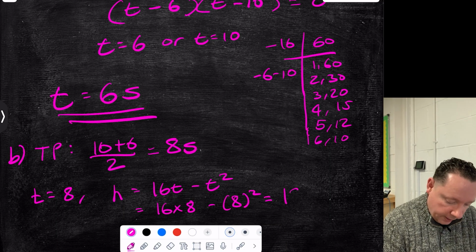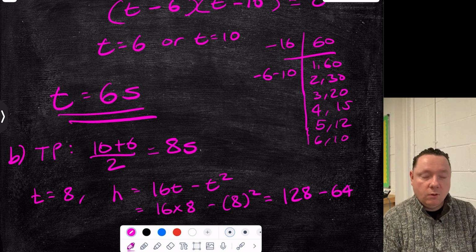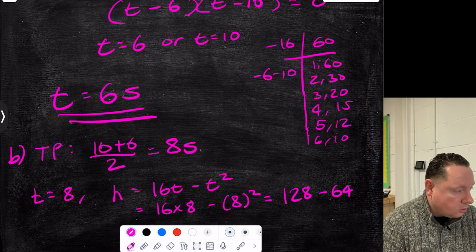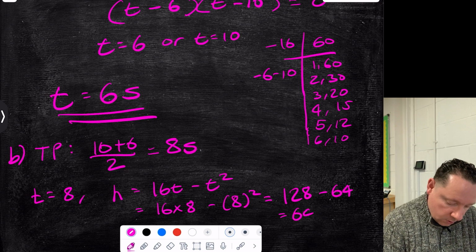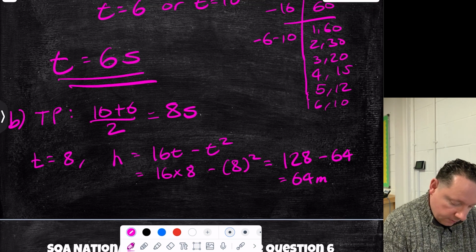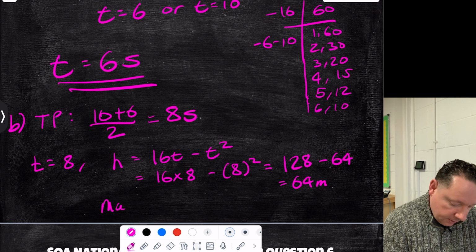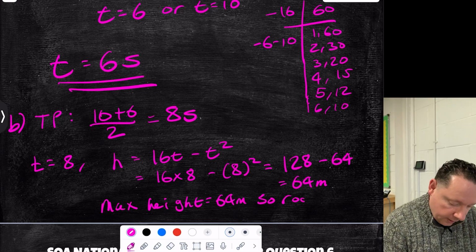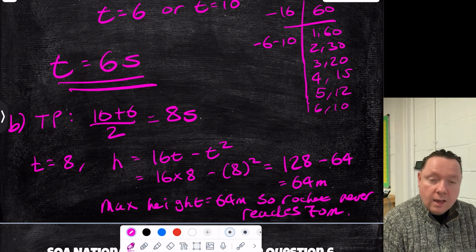That's 128 minus 64, which equals 64 metres. So then we'll just write a little statement. Max height equals 64. So the rocket never reaches 70 metres. And we're done there.